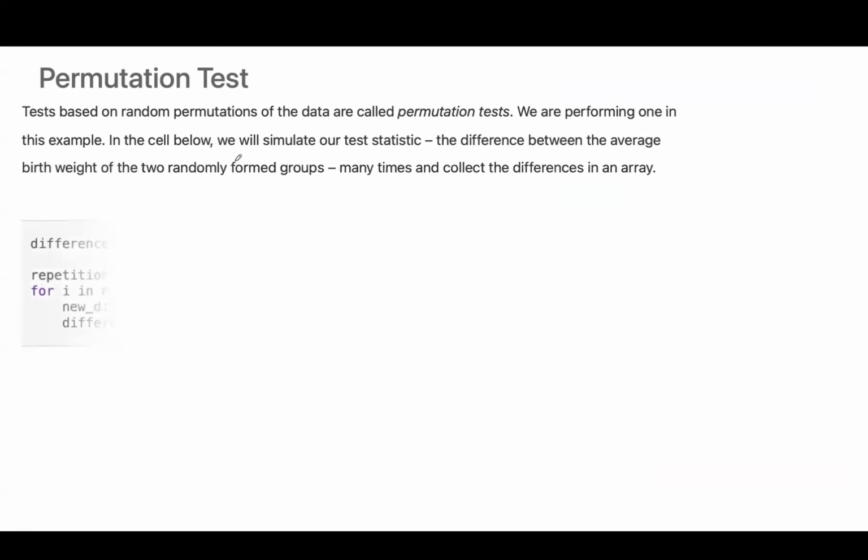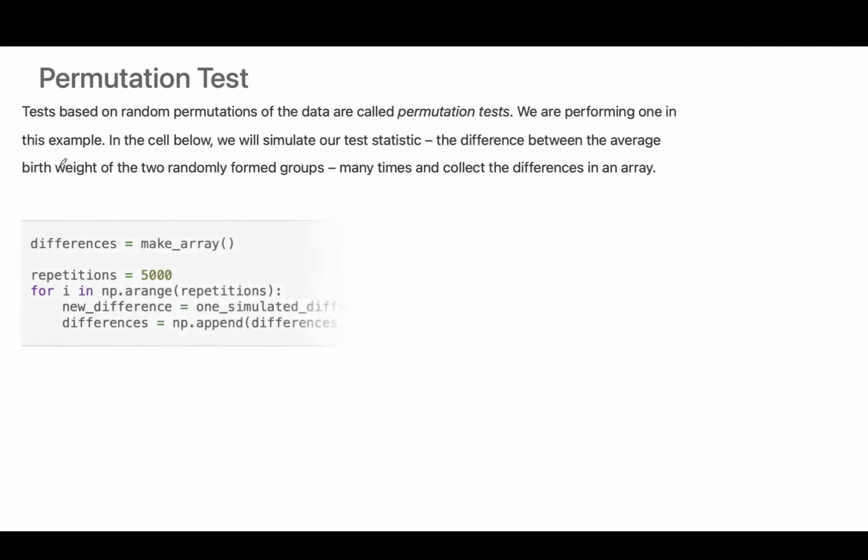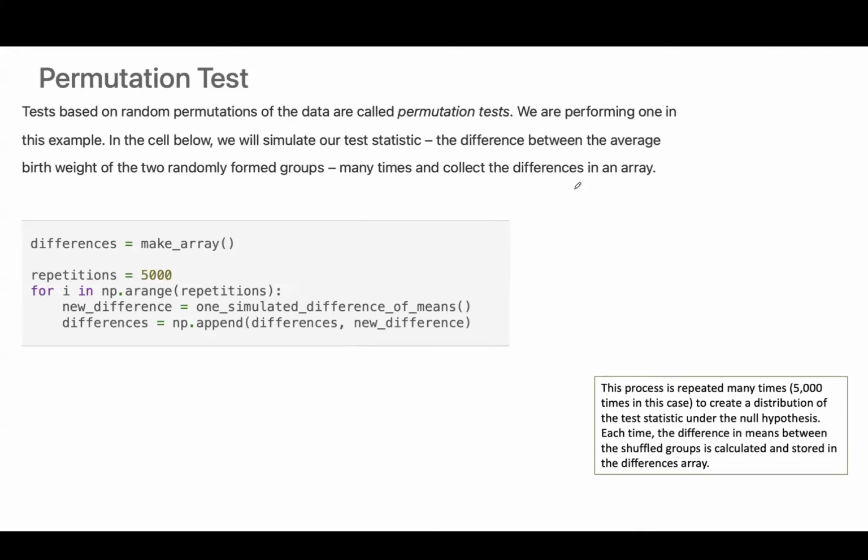So in the next step, we need the permutation test. Tests based on random permutations of the data are called permutation tests. We are performing one in this example. In the cell below, we will simulate our test statistic, the difference between the average birth weight of the two randomly formed groups, many times and collect the differences in an array.